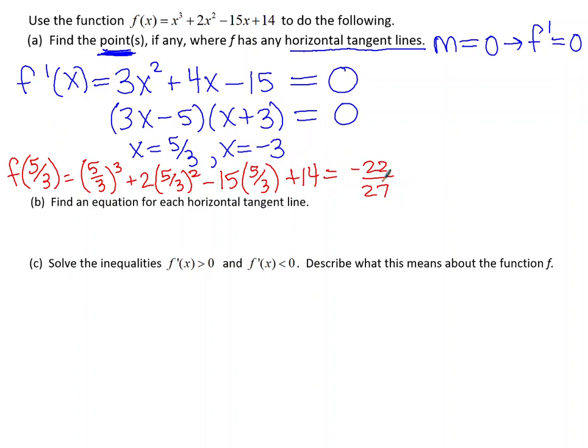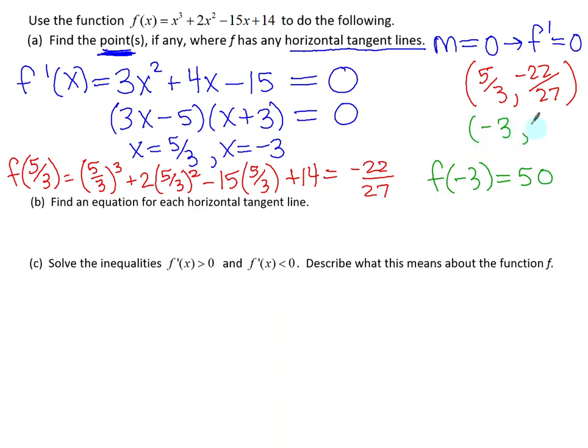So that means one of my points is 5/3, negative 22/27. I also have negative 3 to plug in. So just like we did for 5/3, we plug negative 3 into the function, and we come out with 50. So the other point is negative 3, 50. And these are the points where the function f has horizontal tangent lines.